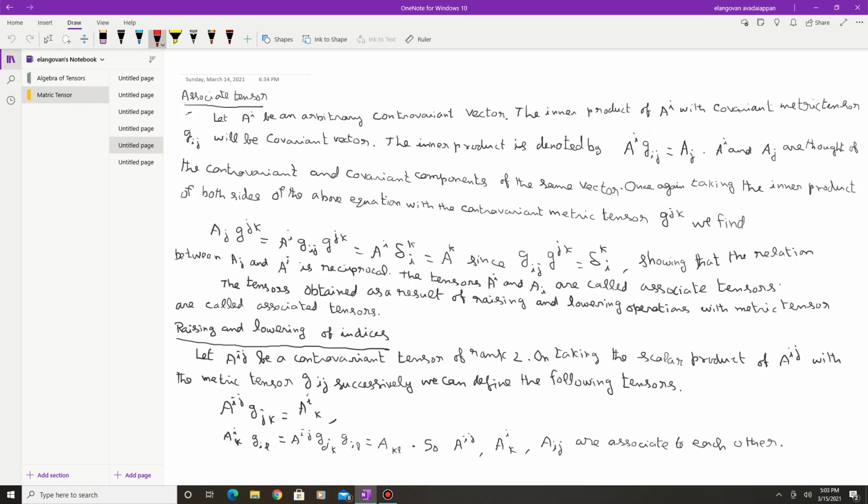Now let us define what is an associate tensor. Let Ai be an arbitrary contravariant vector. Consider the inner product of Ai with the covariant metric tensor.